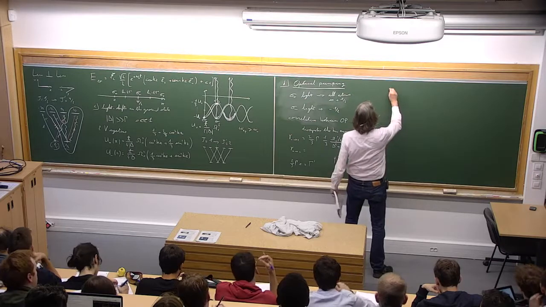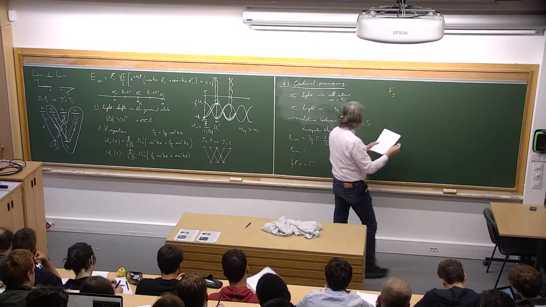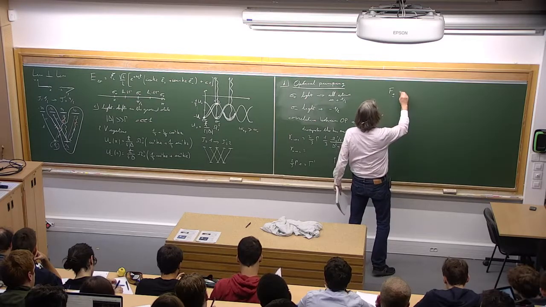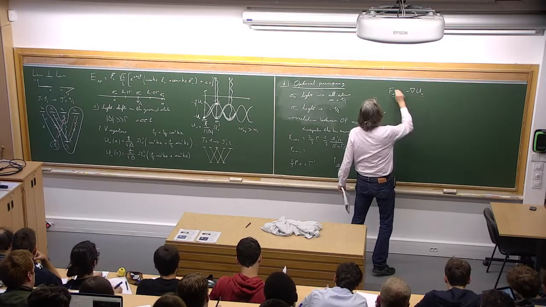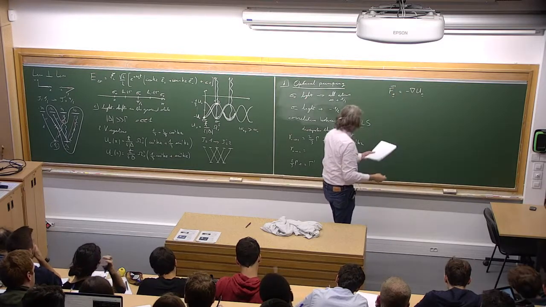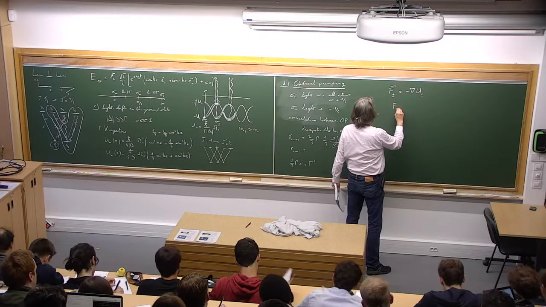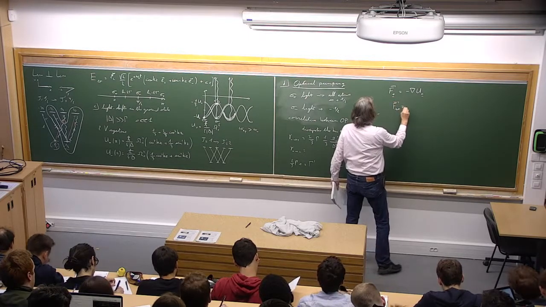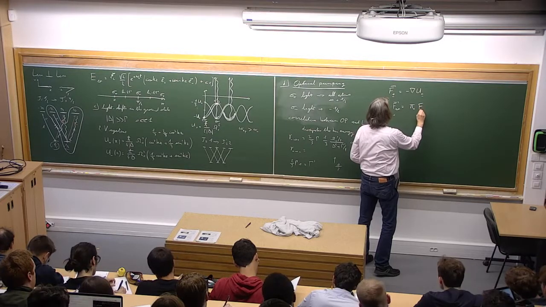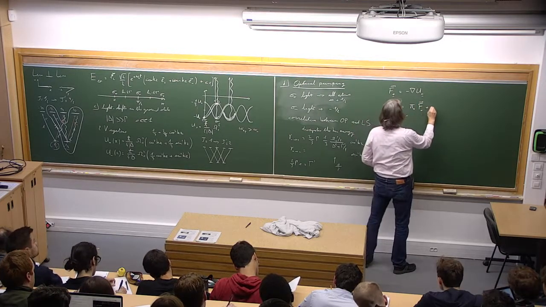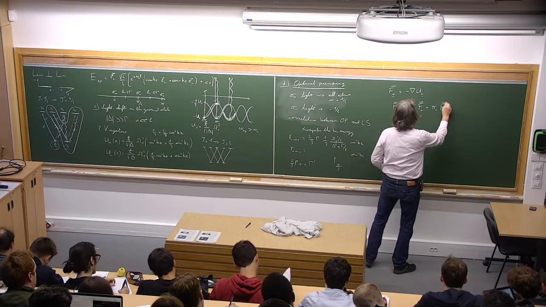So now you just make the usual trick, and you write that the force is minus the gradient of the potential, and the total force is just simply the pi plus times the force F plus, plus the pi minus times the force F minus.